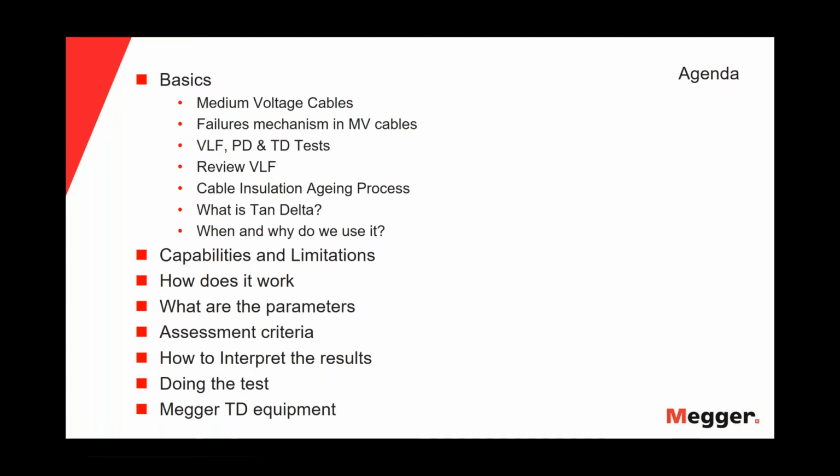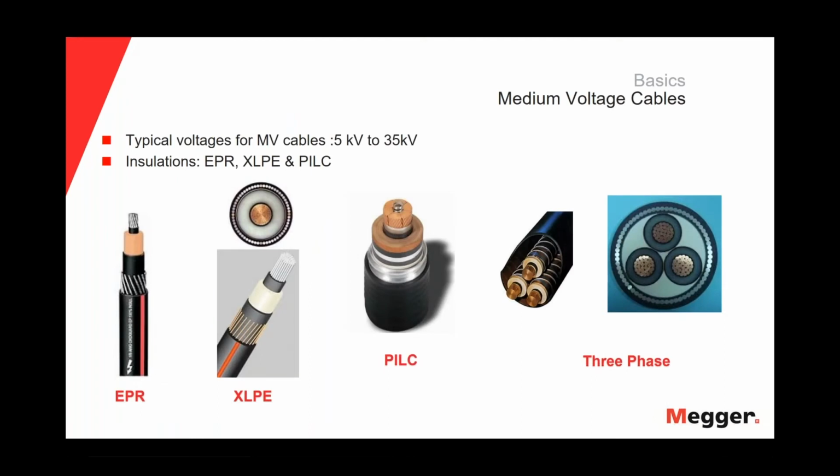Okay, so talking of medium voltage cables, the typical voltage for medium voltage cables will go from 5 kV to 35 kV. We could say that the more typical voltages for medium voltage cables could be 15 kV, 25, and 35 kV. In terms of the insulation, we have what we call polymeric insulations, EPR and XLPE, and we have also the paper impregnated lead cables.